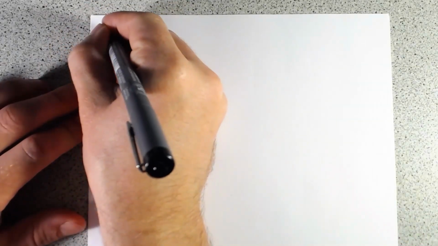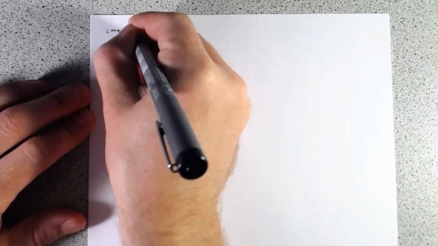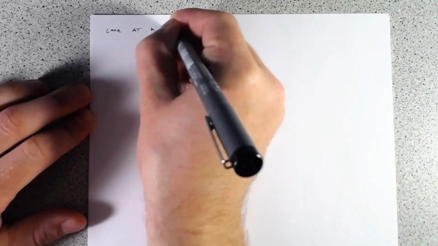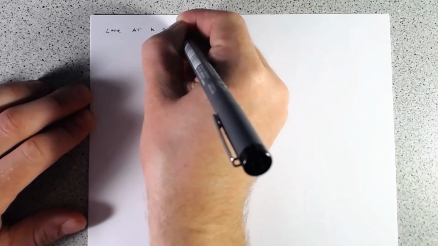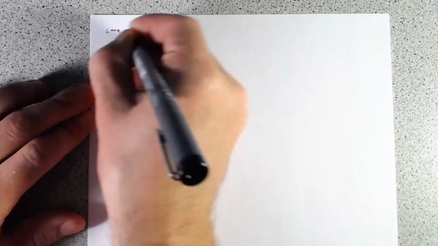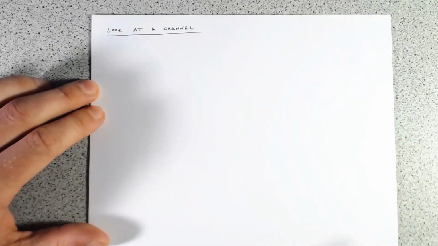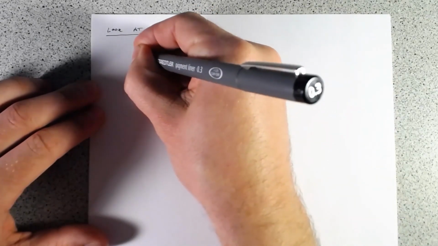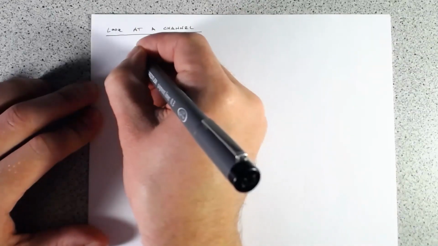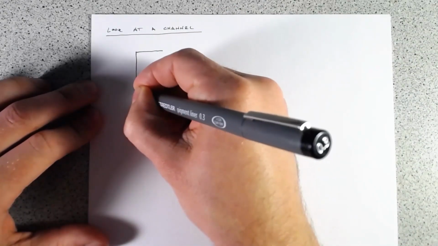What if we look at a channel? So I'll draw the shear flow distribution first.